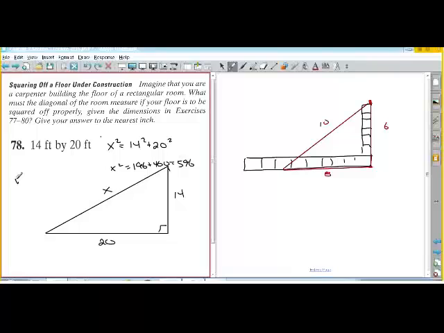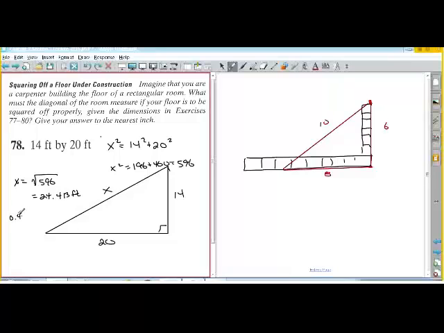So you'll get 596. Then you take the square root, so x is equal to the square root of 596, which is 24.413 feet. And it says here round to the nearest inch. So you have to convert this decimal into inches.